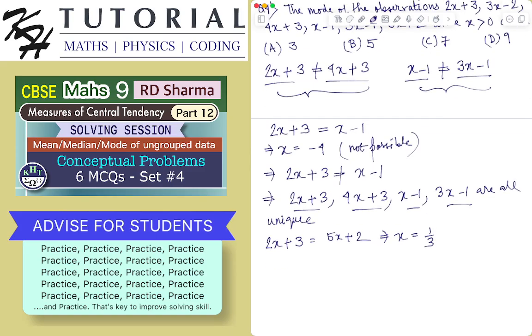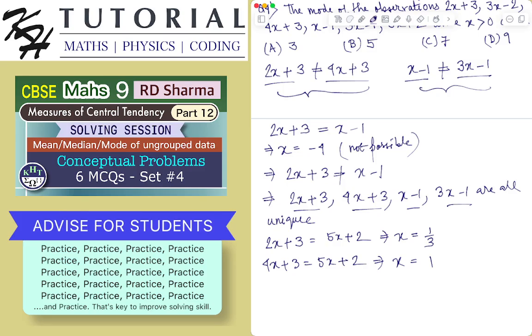Now let's see, can 4x plus 3 be equal to 5x plus 2? This will imply x is equal to 1. So this is also possible.